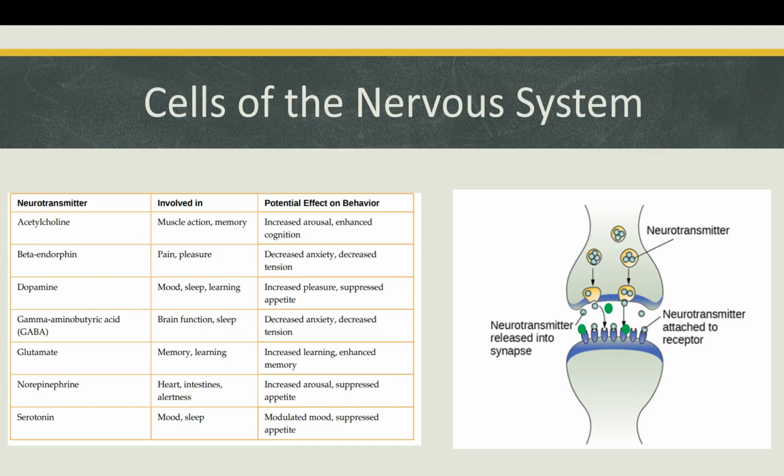And then if someone has too much production of a certain neurotransmitter, they could take an antagonist medication that blocks the receptors to keep a person stable. So these might represent these red dots here, where they block the information and block other neurotransmitters, if there are too many, from entering these receptor sites.